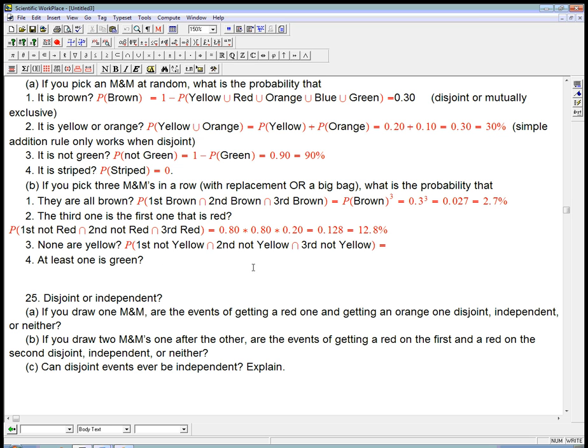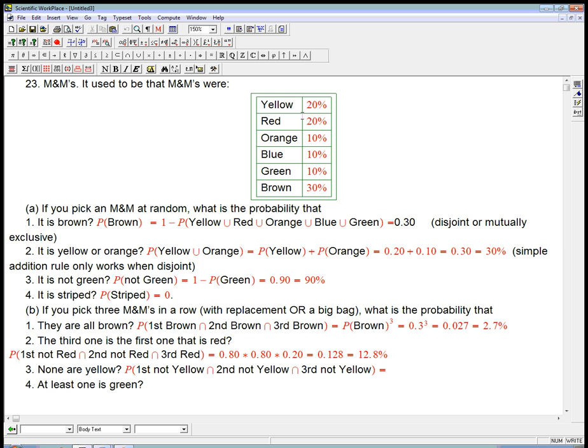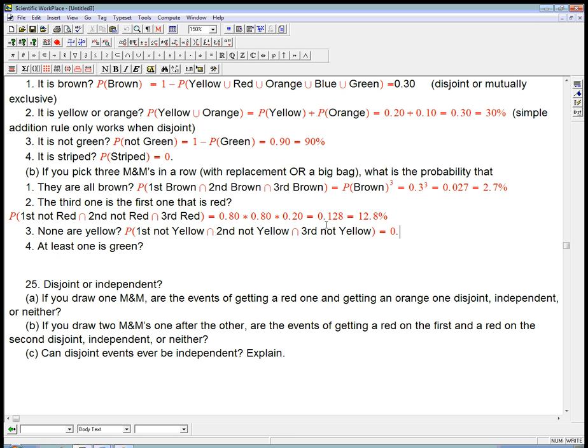And again, we're assuming these are identical and independent. So the not yellow percentage was 80%. So 0.80 times 0.80 times 0.80. And that is 0.512, I think. 51.2%. I think that's right.